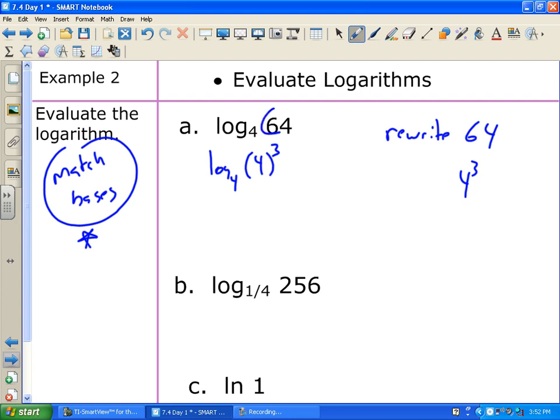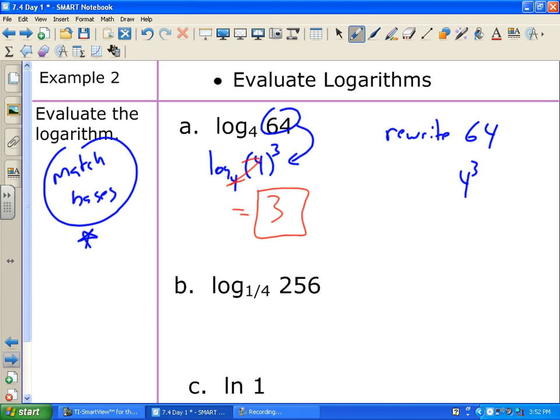Notice that 64 is just being rewritten as 4 cubed. Well, hopefully you see exactly where we're going with this. Log base 4 of 4 cubed. There's my identity, and my answer is 3. So log base 4 of 64 is 3. That's it. That's as hard as it gets.